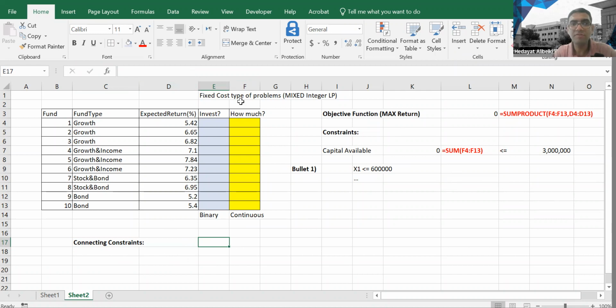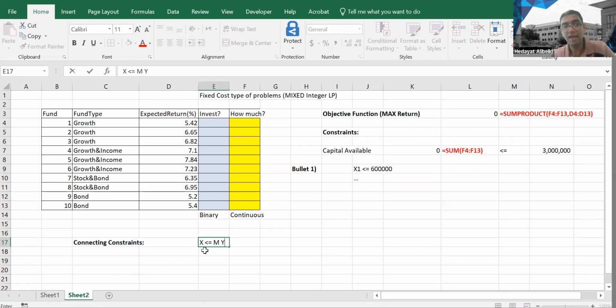Do you remember from the fixed cost video, what was the connecting constraint? Anybody remember that? X, the continuous variable, less than or equal to M, a huge number, like a maximum number that X can take, times Y, Y being the binary.